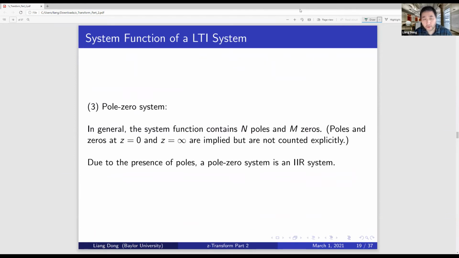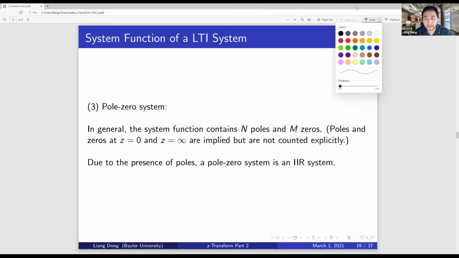Another system is called a pole-zero system. The pole-zero system is the one that combines the previous two. So I have both poles and zeros. I have a complete rational format for this transfer function, for this system function. In general, the system function contains N poles and M zeros.